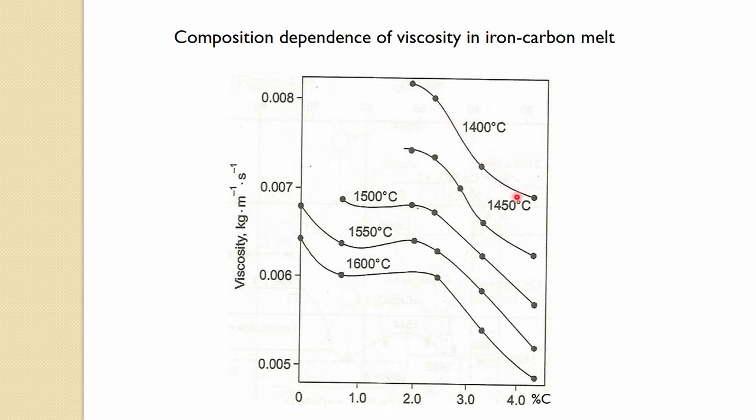Viscosity usually reduces as the carbon percentage in the melt increases, though between 1 and 2% it is similar, and then it keeps on reducing. So, one can get the viscosity, density, surface tension and melting temperature of the liquid iron from these correlations or figures.